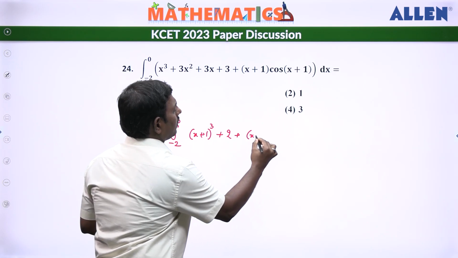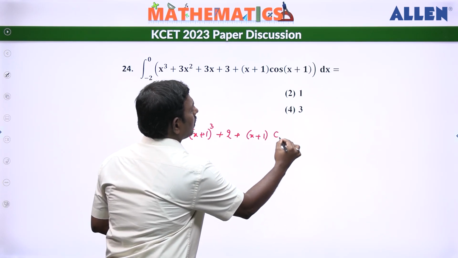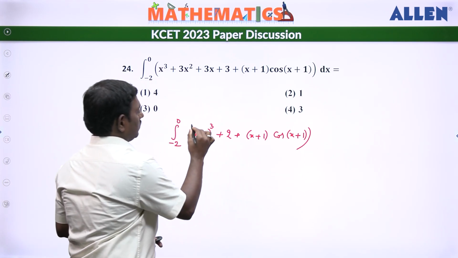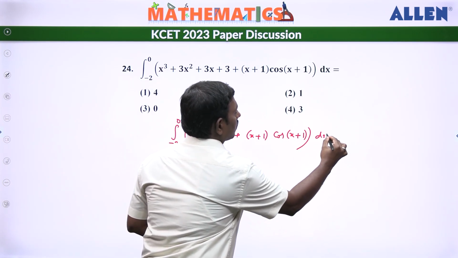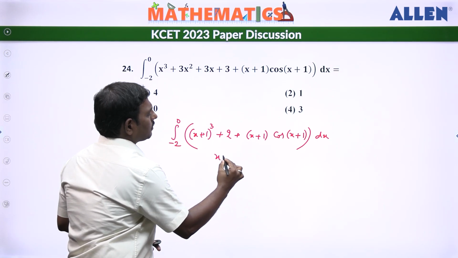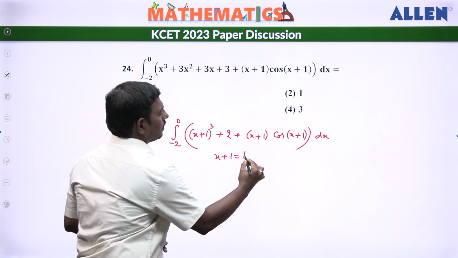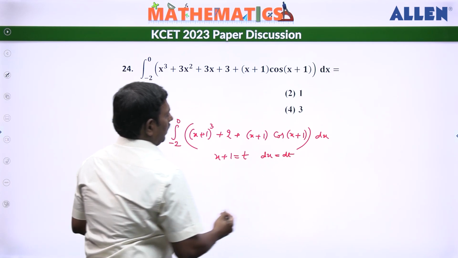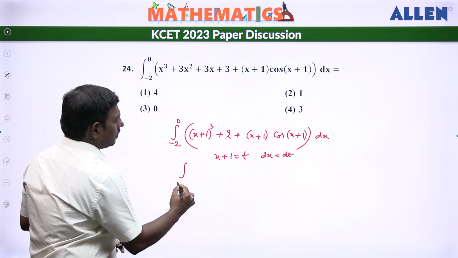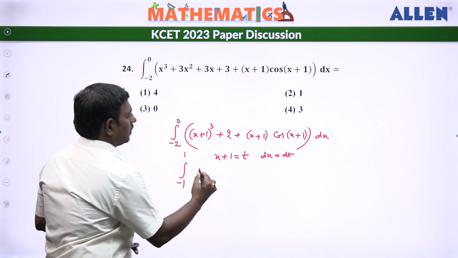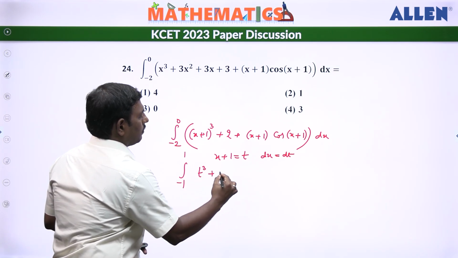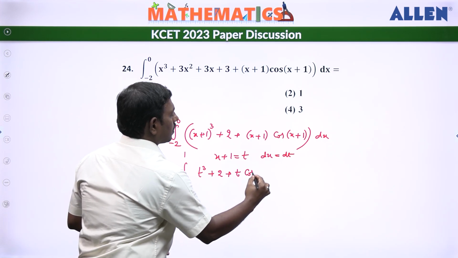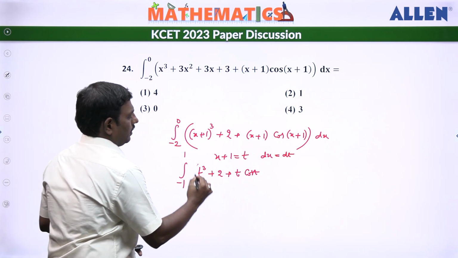And the remaining part again you can see x plus 1 into cos of x plus 1 dx. So now I am taking x plus 1 equal to t, then dx becomes dt, and the limits convert to minus 1 to 1, t cube plus 2 plus t times cos t dt.